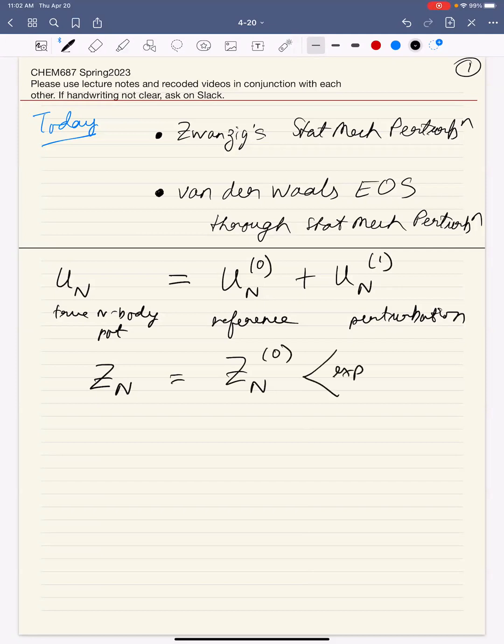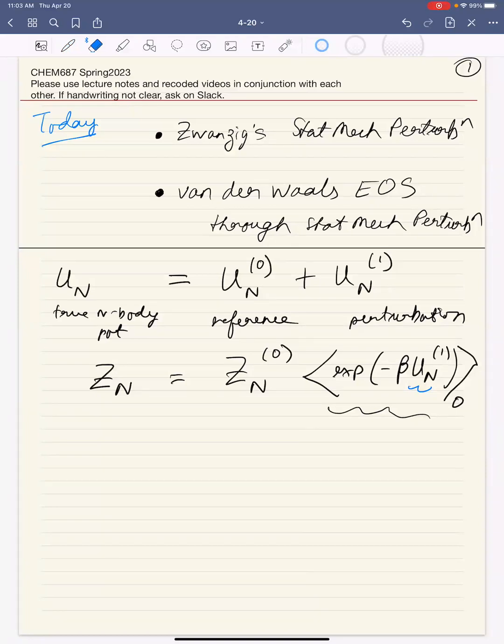So Zn0 is the partition function of the reference system, and that will be multiplied by a particular average, which looks like e to the power minus beta un1, the amount of the perturbation exponentiated, calculated in zero. This type of average looks funky, but it's really very simple. All you need to understand here is that un1 and un0 are just some functions of position.